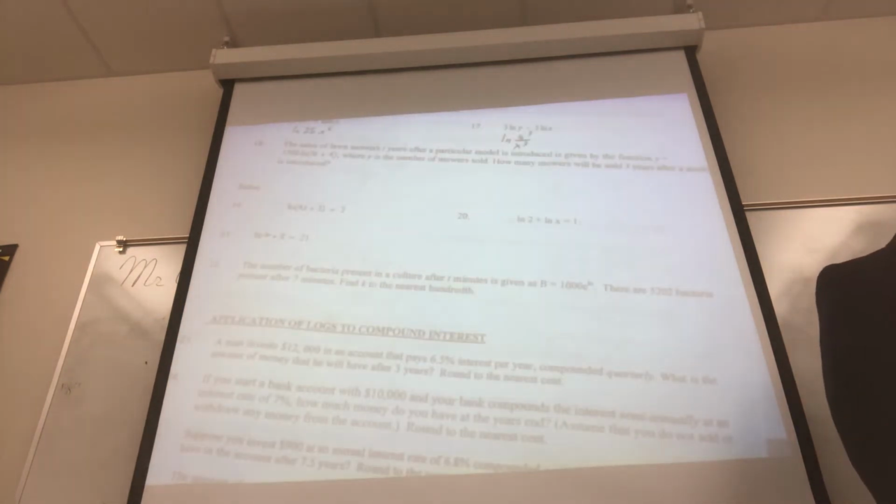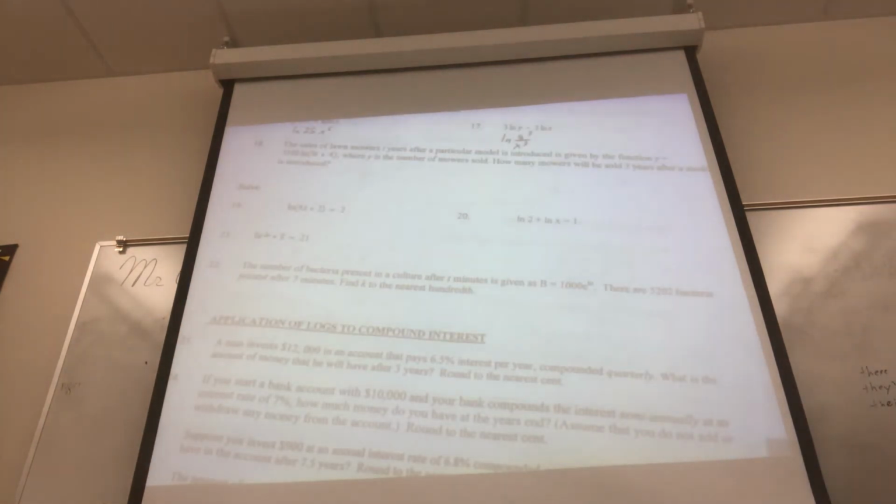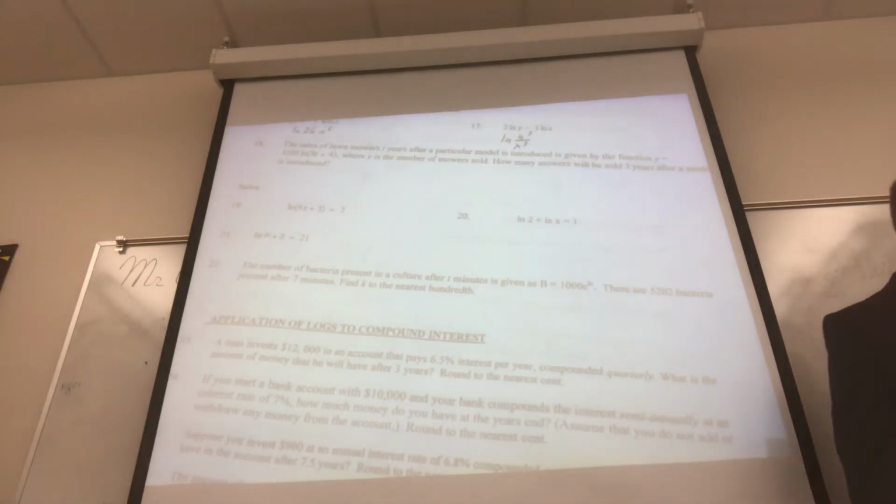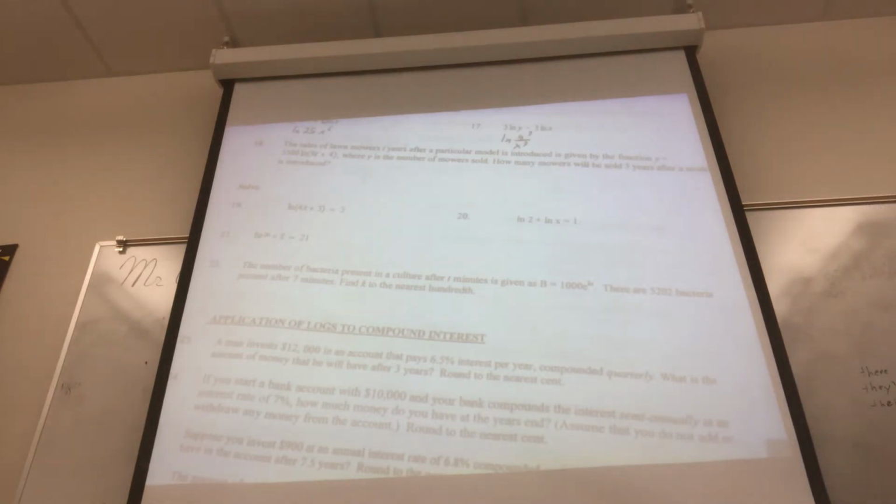The sales of lawnmowers T years after the particular model is introduced is given by the function y equals 5,500 natural log of 9t plus 4, where y is the number of mowers sold. How many mowers will be sold 3 years after a model is introduced? Graph it and look at the value of 3.